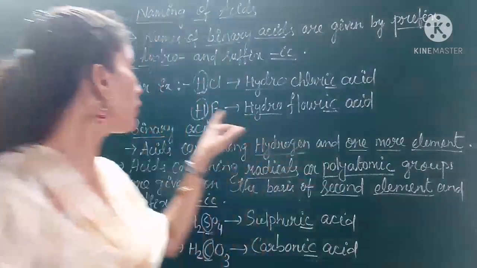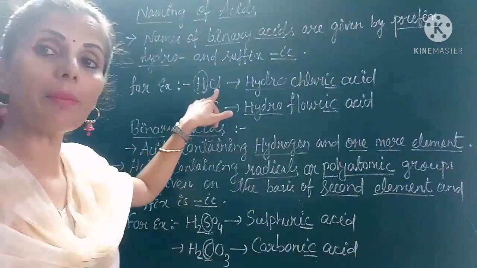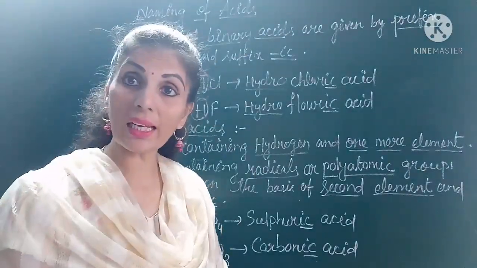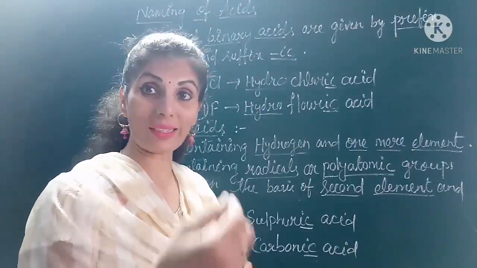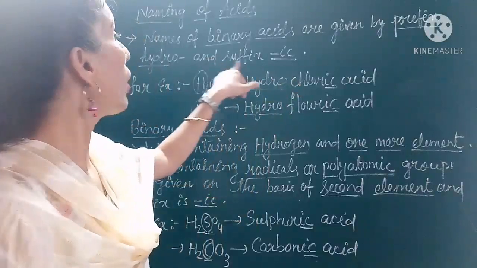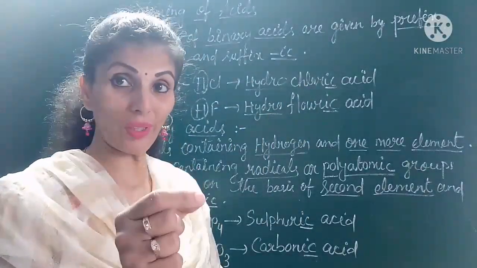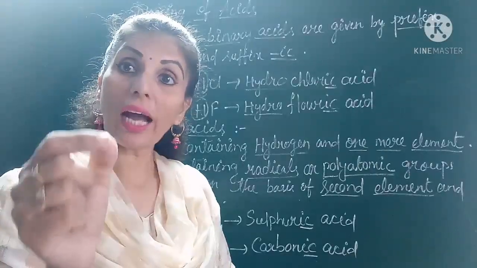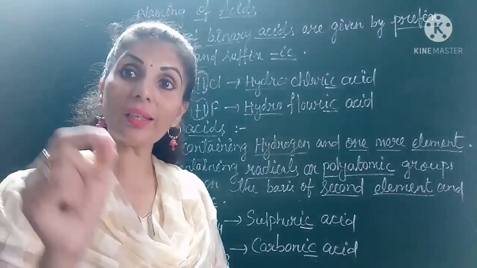If HCl, hydro will come. Then after that, Cl element is there, and from Cl, chloro will come. Then after chloro, the suffix is ic, meaning with chlorine you have to put ic. So it will become hydrochloric acid.